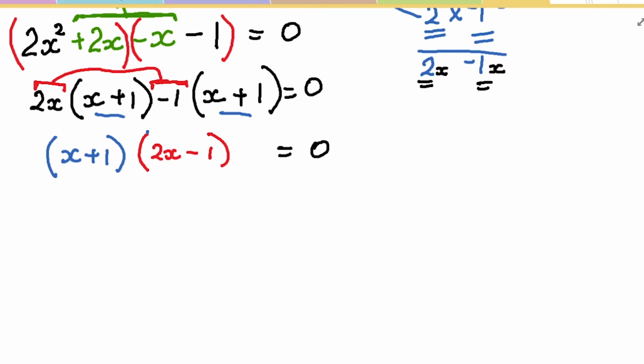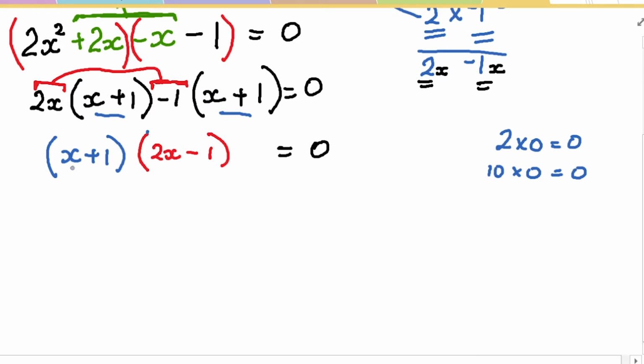Now we know that any number multiplied by 0 is equal to 0. 2 times 0 is 0, 10 times 0 is 0; anything multiplied by 0 is 0. So if this bracket multiplied by that bracket gives us 0, it simply means that one of these brackets has to be 0. That is the reasoning.